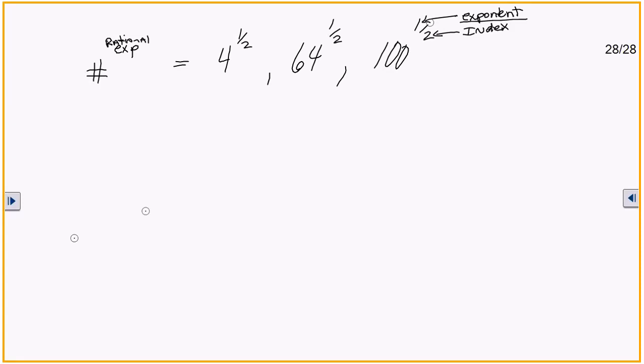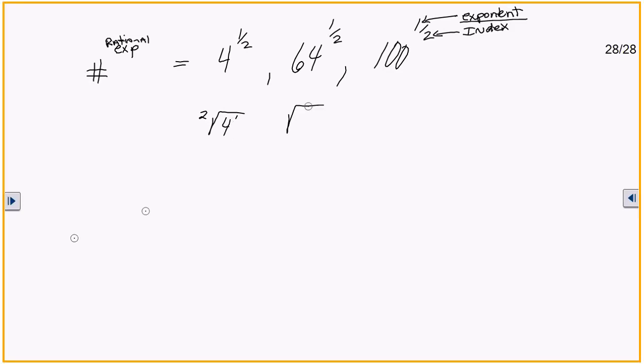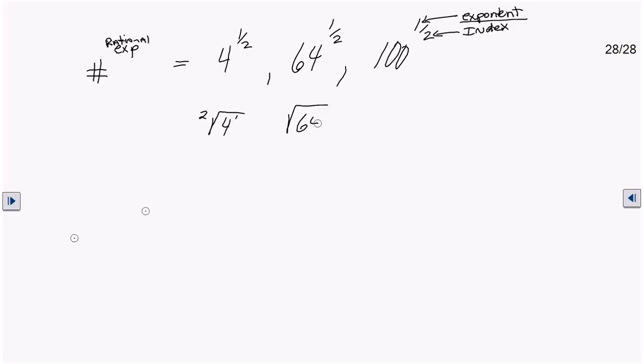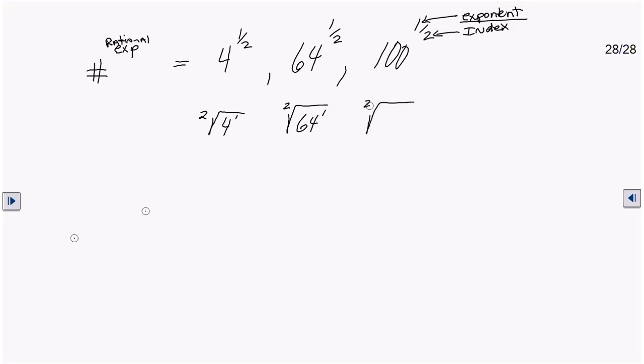So I'm going to rewrite this as the square root of 4 to the first power, the square root of 64 to the first power, and the square root of 100 to the first power.